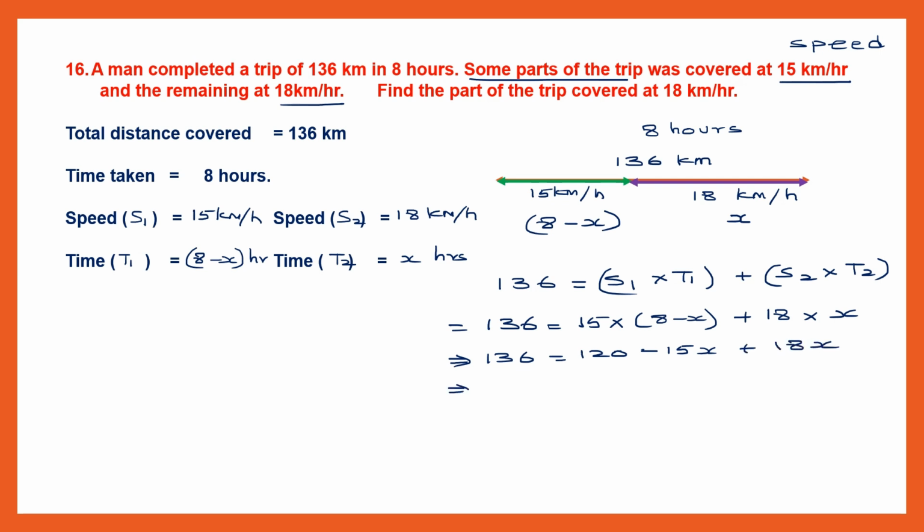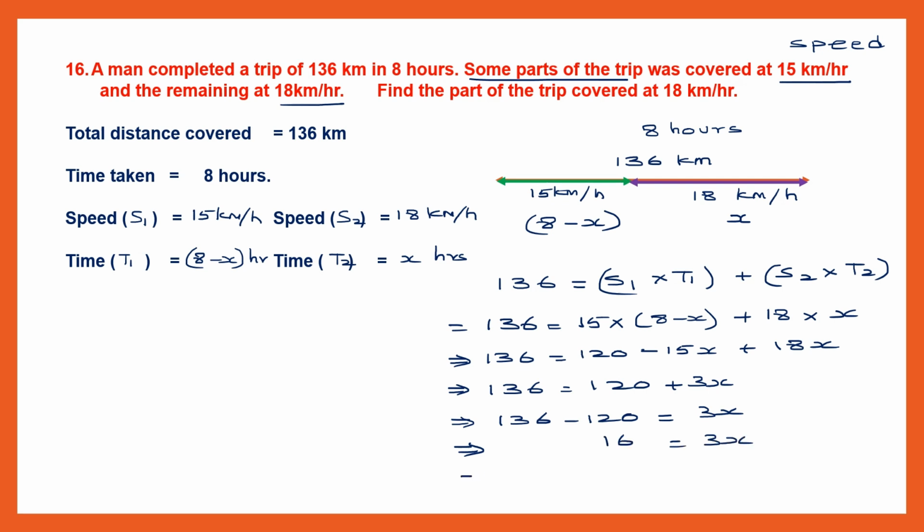So 136 is equal to 120, and here we have minus 15x plus 18x, like terms, which becomes plus 3x. Now I'm going to move this 120 to this side. It becomes 136 minus 120, which is 16, equal to 3x.